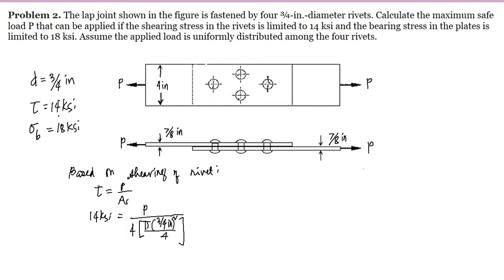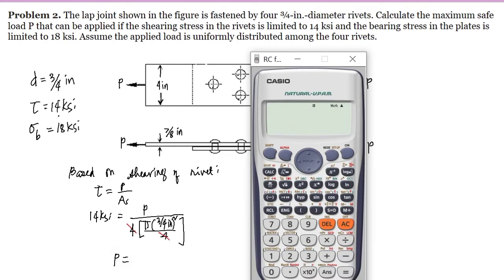So from this, as we can see, the 4 cancels, and we now compute for the value of the force P. So computing for the force P, we have 14 is equal to the load P over pi multiplied by 3/4 inch squared.